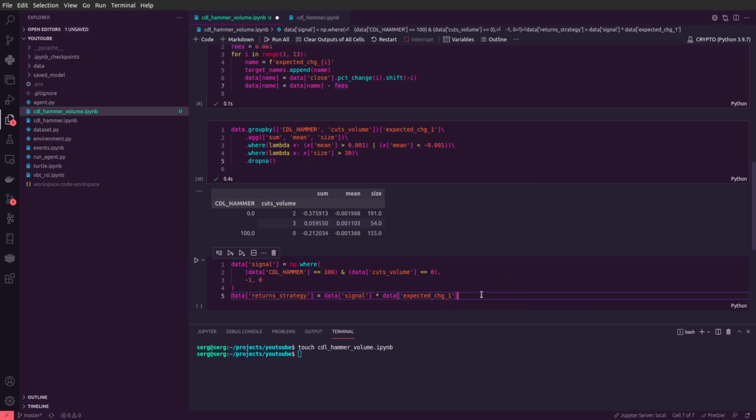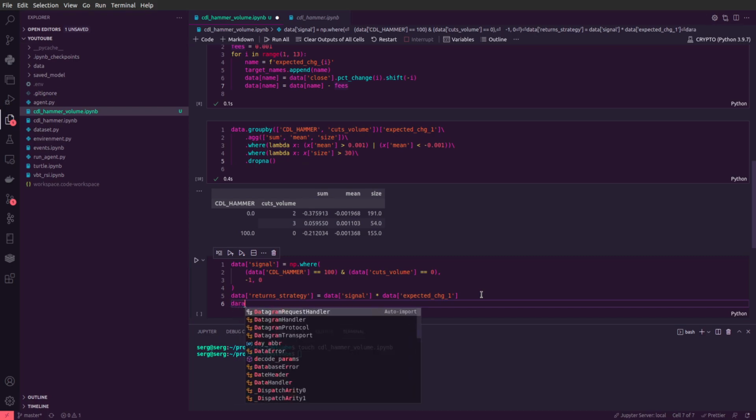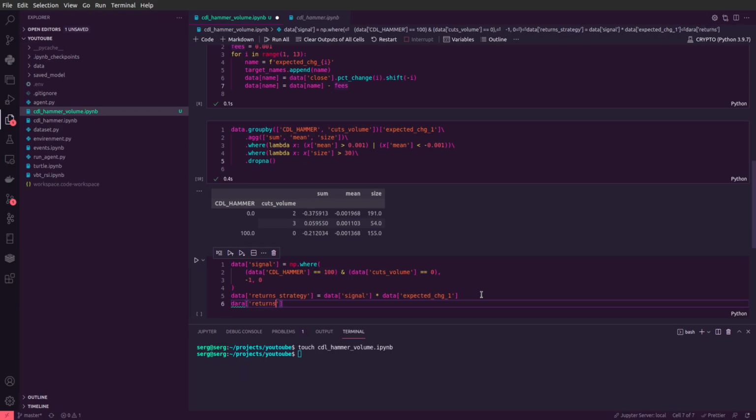When it happens, let's calculate the proportion of positive and negative trades. For example, it would be returns dir, it means direction, that's the short name.